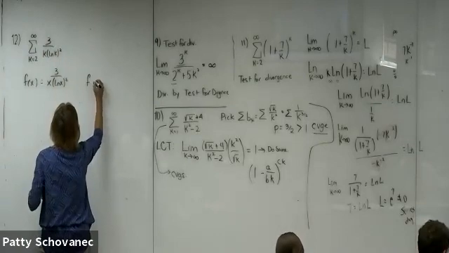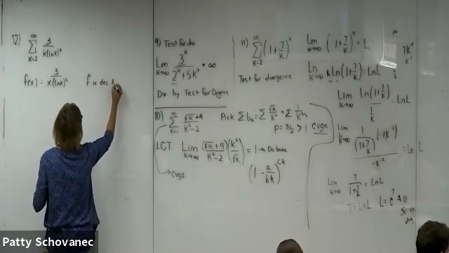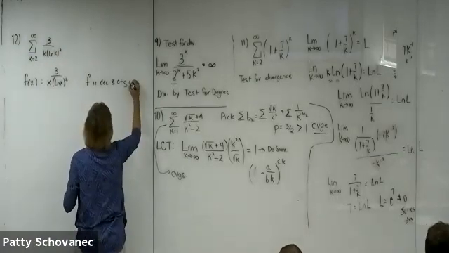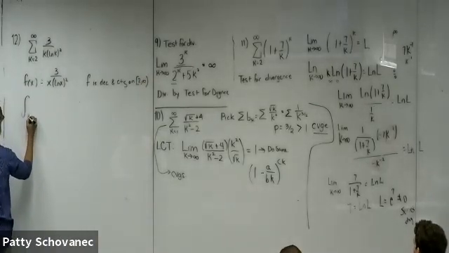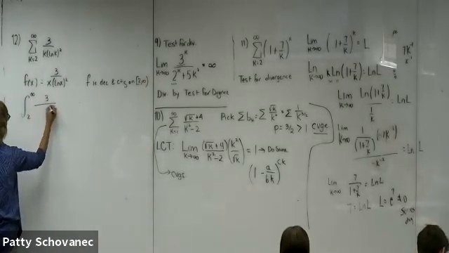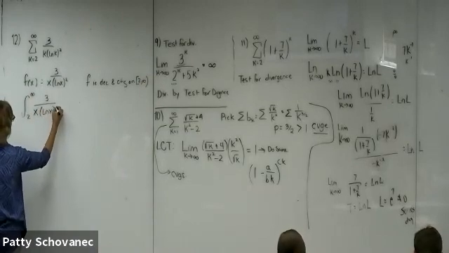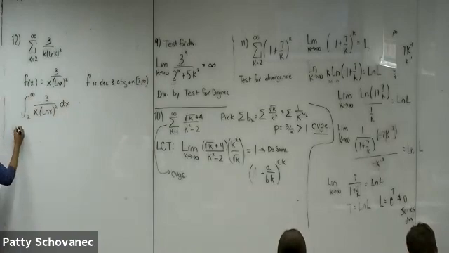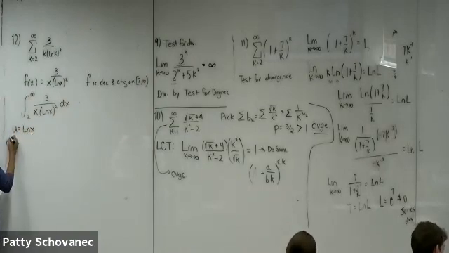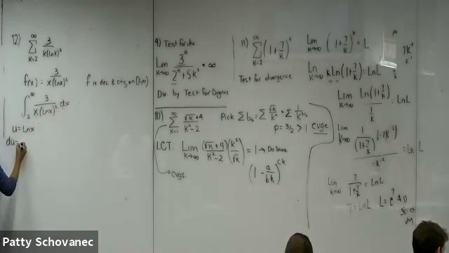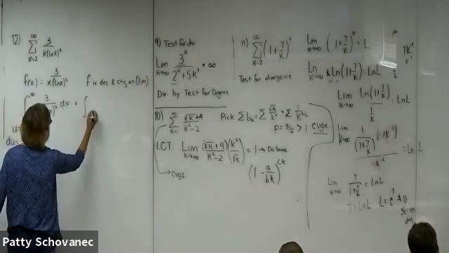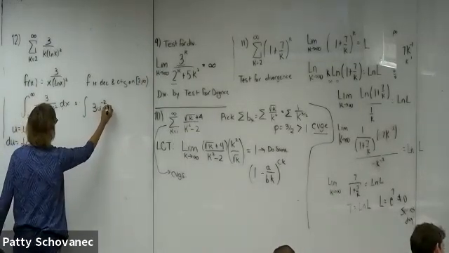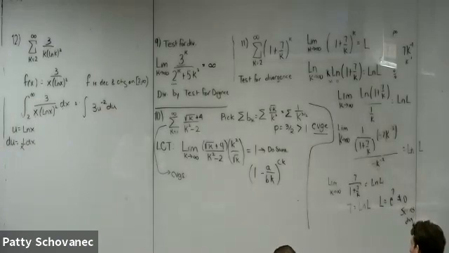So f is decreasing and continuous on the interval from 2 to infinity, so we can integrate it from 2 to infinity, where u is the stuff in the parentheses, and du gives us this 1 over x dx. So we're integrating 3u to the negative 2 du. Correct? Yeah, I got to that point.